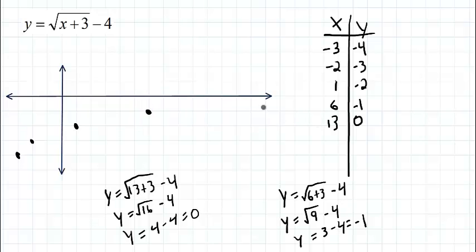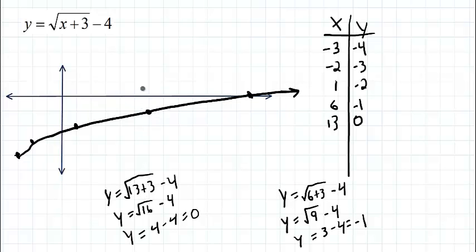And then 13 comma 0 will be 0, 1, 2, 3, 4, 5, 6, 7, 8, 9, 10, 11, 12, 13. And then that's at 0. So we start from here, and then we got to connect these dots the best I can. And that's about as good as I'm going to get there. And that will represent our radical function.